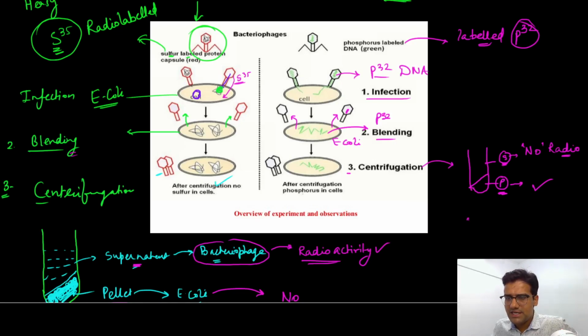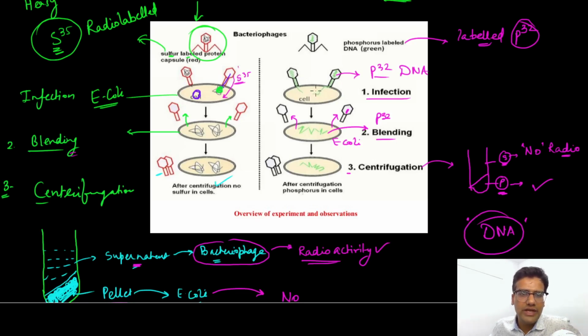That means that the thing which causes the transformation is basically the DNA. Nothing else can be transferred. We had checked with protein, we had checked with DNA, and there is nothing else in a bacteriophage cell. Therefore, the DNA is the only material which gets transferred from the bacteriophage cell to the E. coli cell.